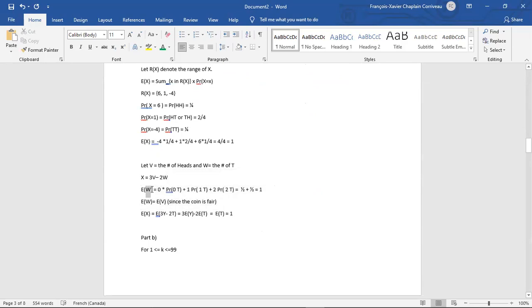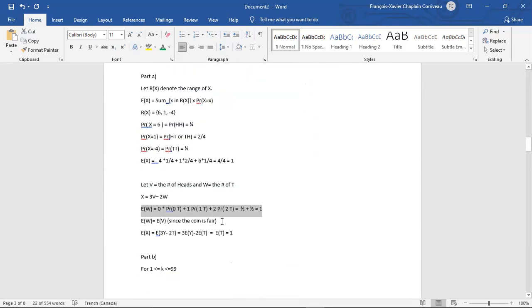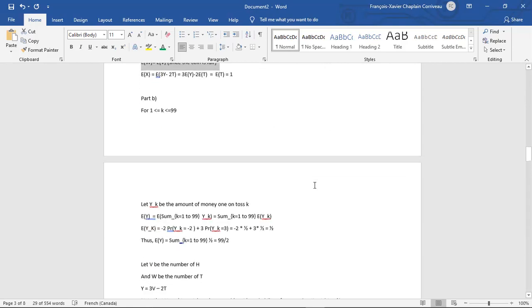Remember that W is the number of tails. So when I say the expected number of tails in two flips, that's the same, right? These two lines are exactly the same. The rest is discarded. Does that make sense? I think it's Ian, right? Yeah, okay.